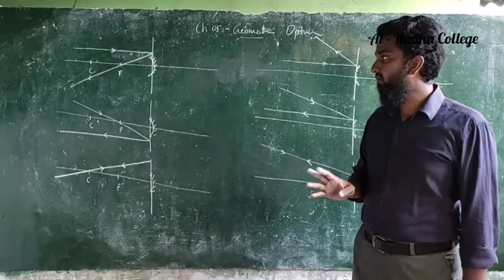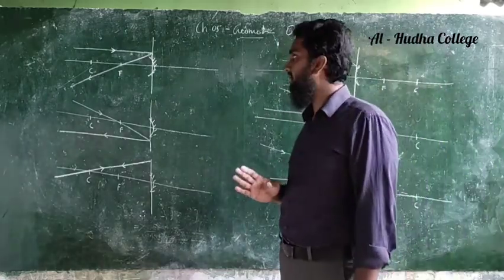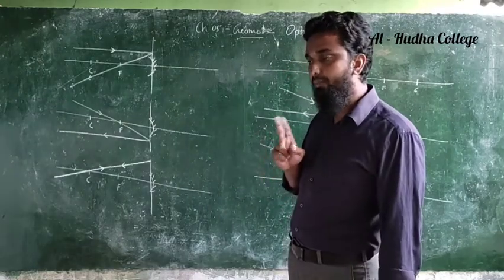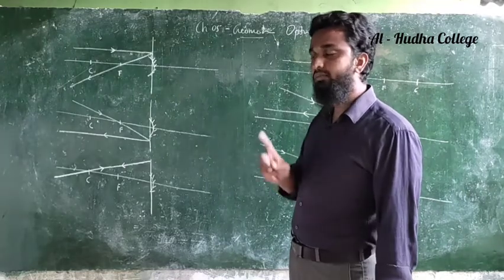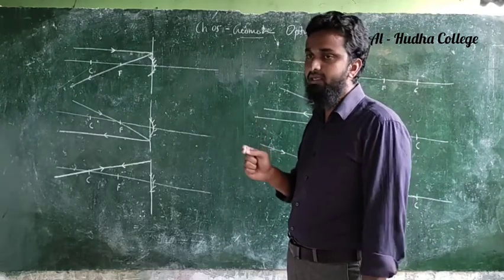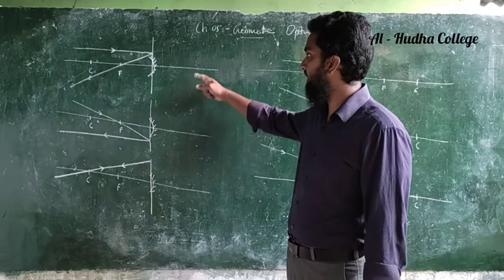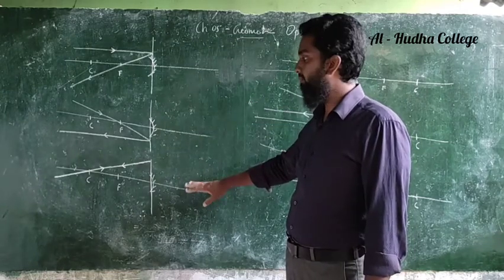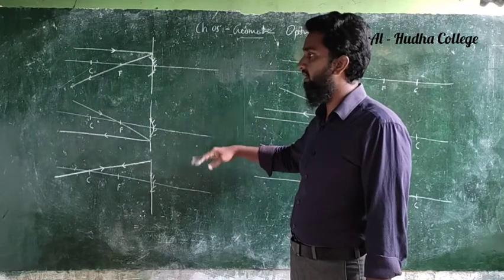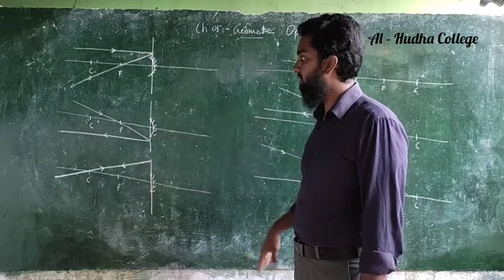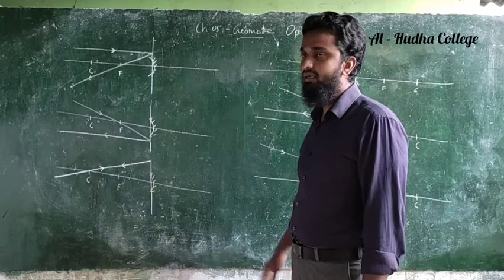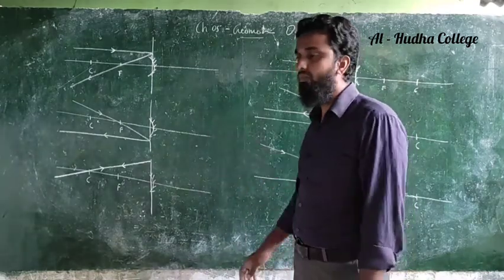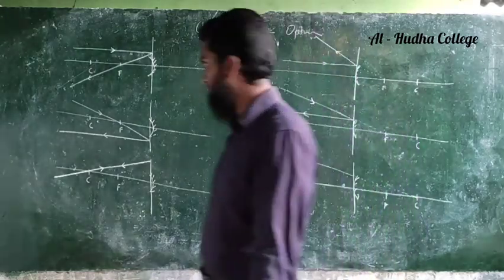Therefore we require at least two ray diagrams for the path of the rays to obtain that one single point. But here we have three basic ray diagrams, the basic pathways or behavior of three types of rays. Using these three, we are going to obtain the image in the curved mirror.